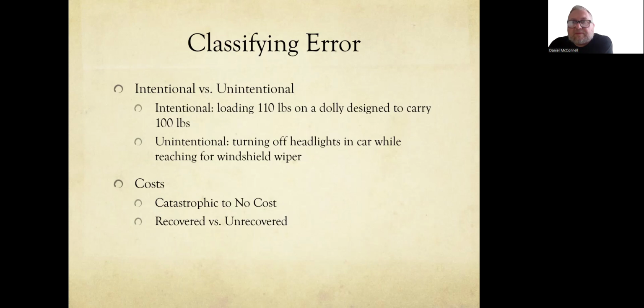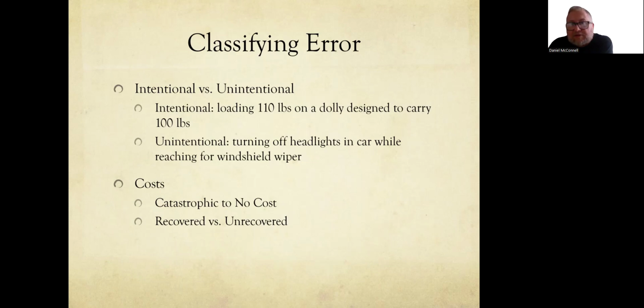So that's an intentional error. You're doing something that you know is not really supposed to happen, but for whatever reason, whether because you believe it's safe to do because of past experience or what someone else has said to you, or whether it's simply because you're in a hurry or otherwise don't feel like following all of the safety protocols that you are expected to follow. And so you have these intentional errors.